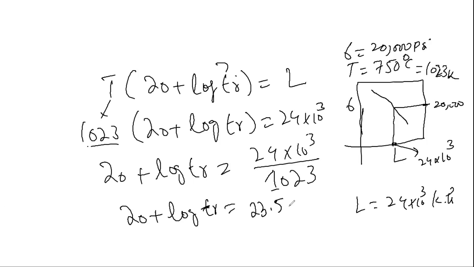Let me divide by 1023. Okay, so now log of TR is equal to 23.5 minus 20, which comes out to be 3.5.